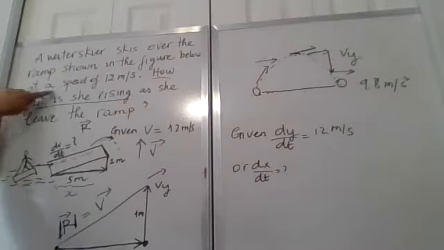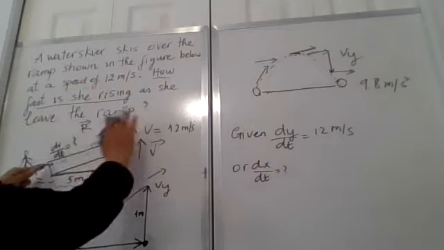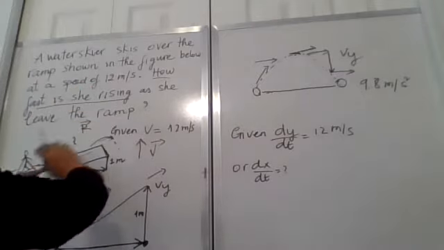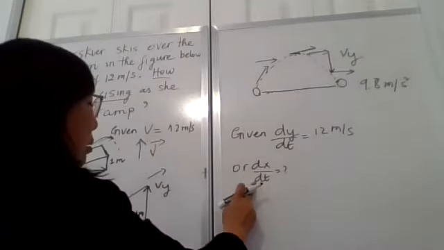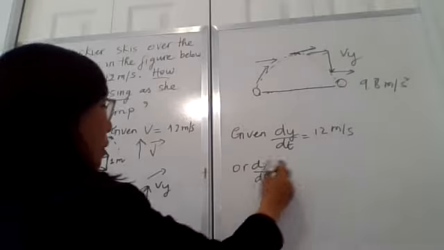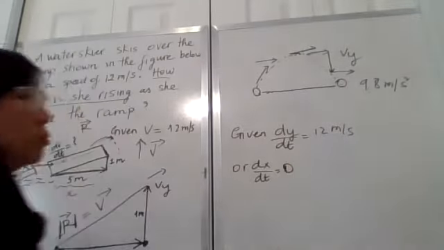When they say that she's skiing over the ramp, she had to ski by her vertical vector component. So actually, her dx over dt here is 0.